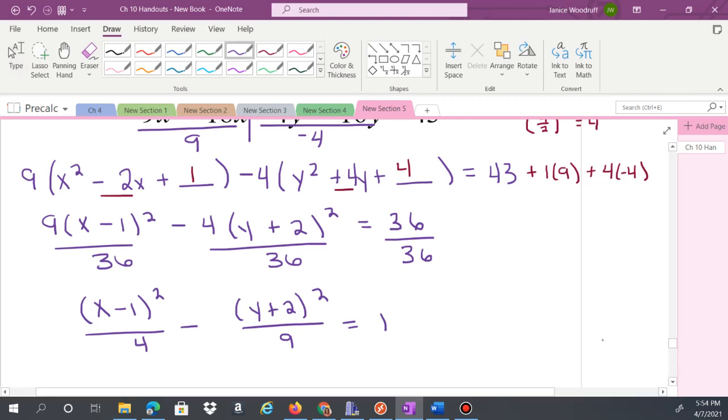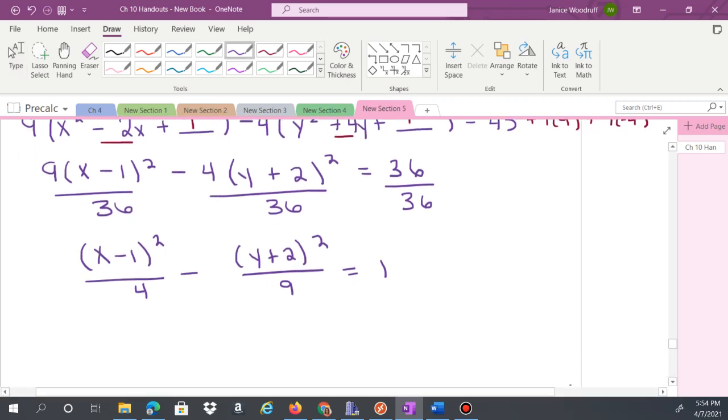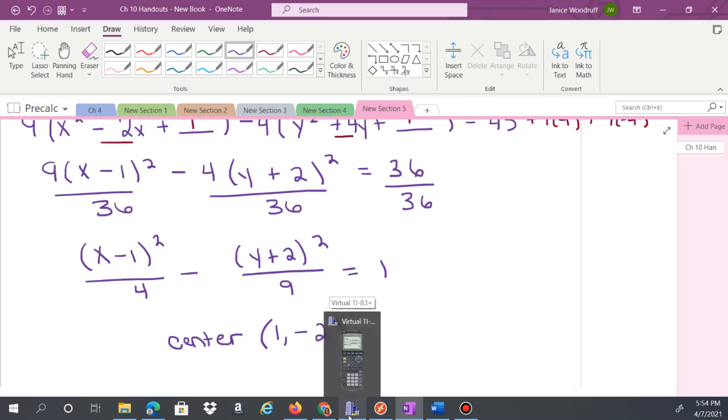Okay, so we have the equation, and if it asked what the center is, what would the center be? It would be what? 1, -2. Those would be -2 and 3 would be the A and B. The center would be H and K here. So +1, -2 would be our center.